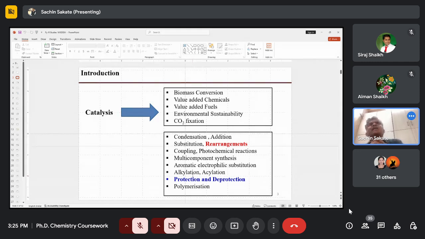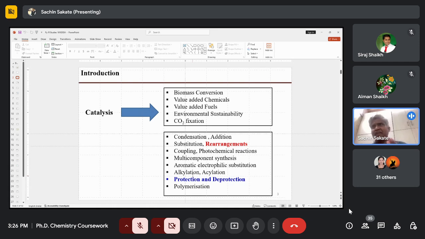These are the words nowadays which are highly named and highly taken into the research field. Environmental sustainability is a word everybody knows, but the main focus I would like to say is that catalysis is mainly used for CO2 fixation, which is the global environmental issue nowadays. This is a brief idea about catalysis.